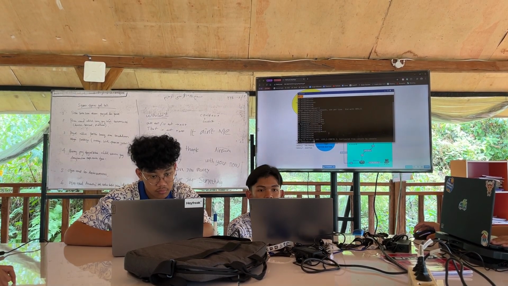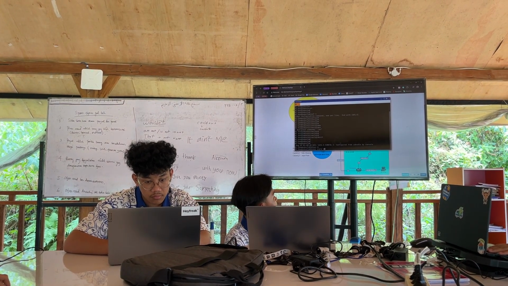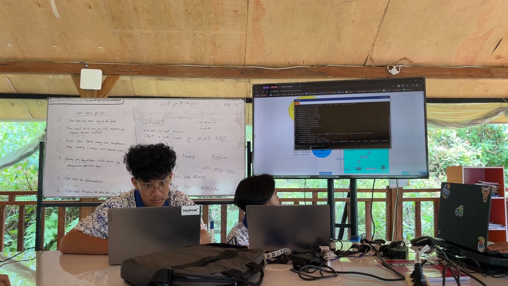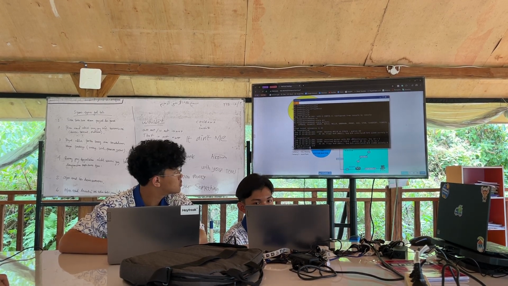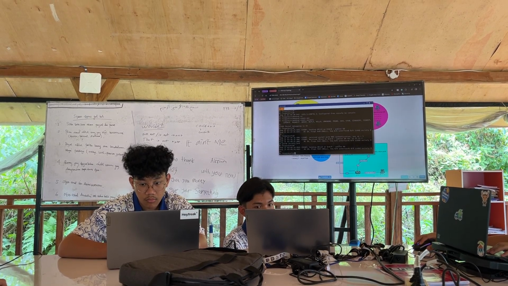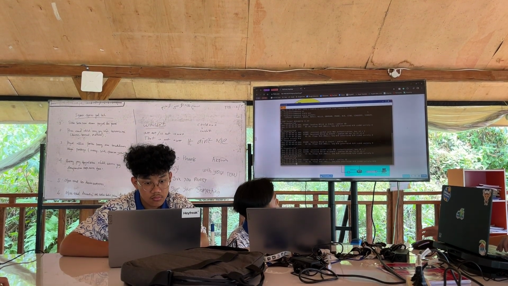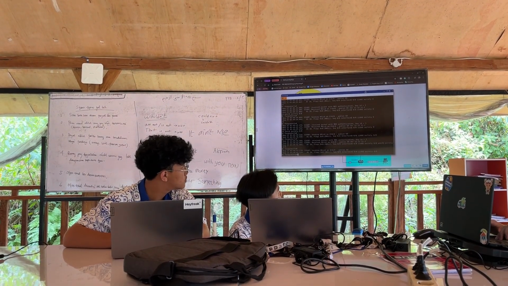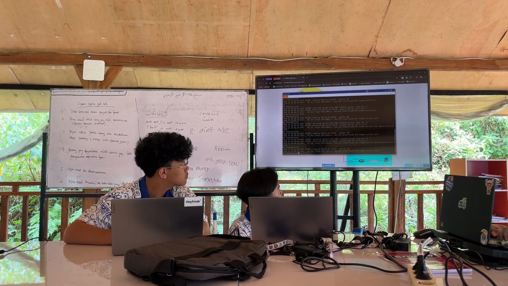Okay, debug EIGRP. Where is the authentication? There is no authentication here. Oh, okay. There is receive packet with device authentication. Okay. Enough.